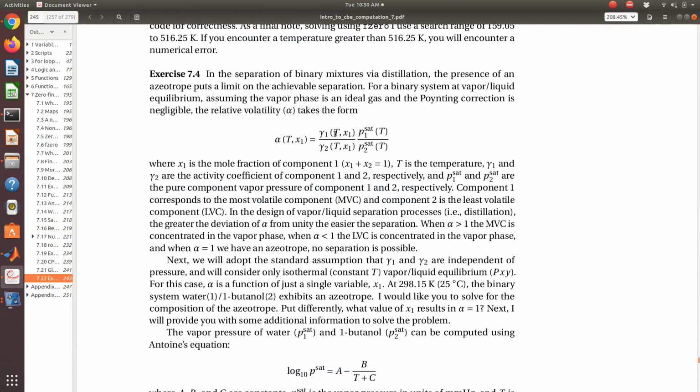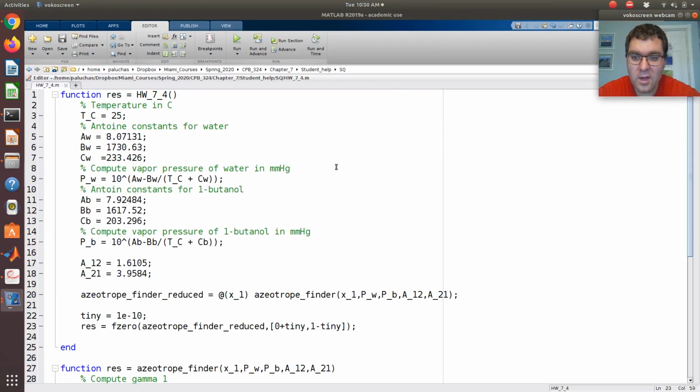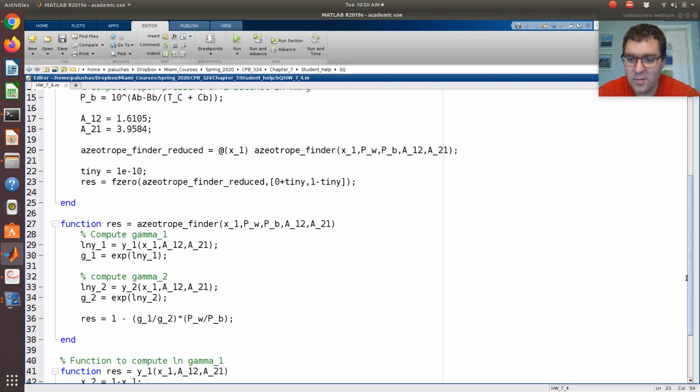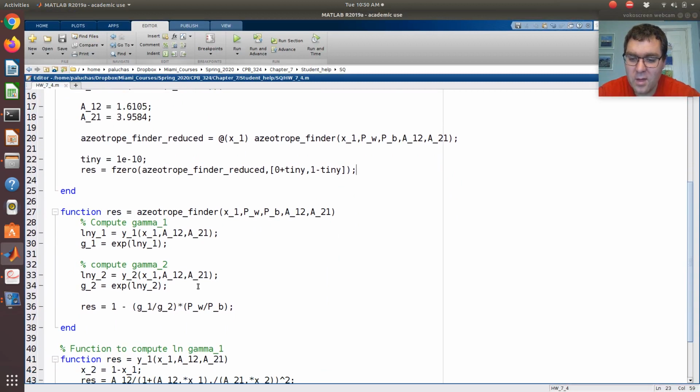When it comes to the ratio of gammas, there it's problematic because they're functions of x's. So the strategy would be, let me look at what my error function would be. I have my vapor pressures; those I know, but then I'm going to have to calculate these gammas. And so how this will proceed is, I'll use fzero to systematically iterate on values of x until it finds the x value so that my error function is satisfied, so that my error function returns a value of 0.